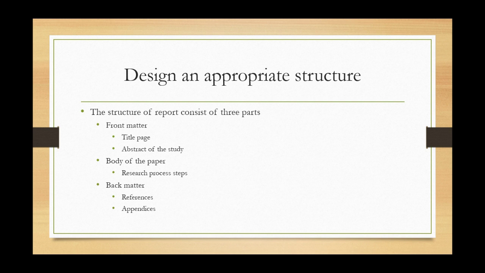For journal articles, the front matter and the back matter sections are normally limited because of space constraints. For a dissertation or a thesis, the researcher includes more front matter to help the reader understand the organization of the study. One of the front matter sections that is optional is the abstract in reports.